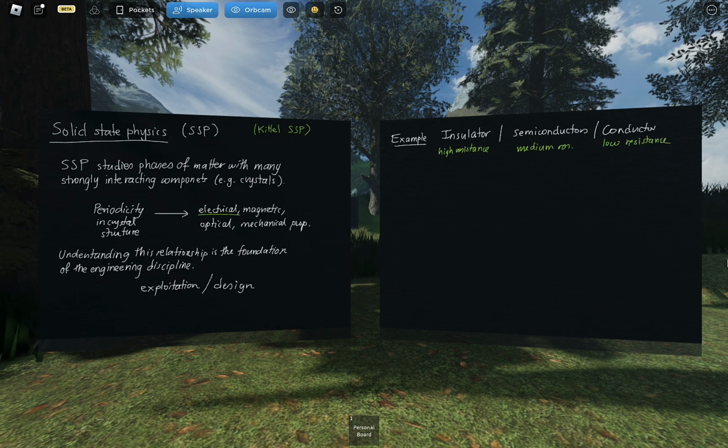A more fine-grained way of saying what the difference is between these is to draw the structure of the bands, the electron bands, which I'll do in a moment. But I'll just note in connection with the previous point about engineering that the reason you've heard of semiconductors in connection with electronics is that the resistance of semiconductors can be designed.